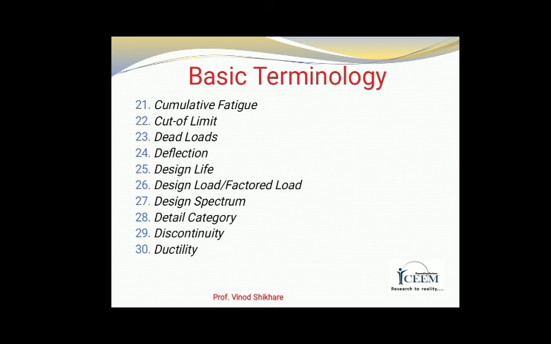Next term is ductility, the most important term for steel. It is the property of a material or a structure indicating the extent to which it can deform beyond the limit of yield deformation before failure or fracture. The ratio of ultimate to yield deformation is usually termed as ductility.